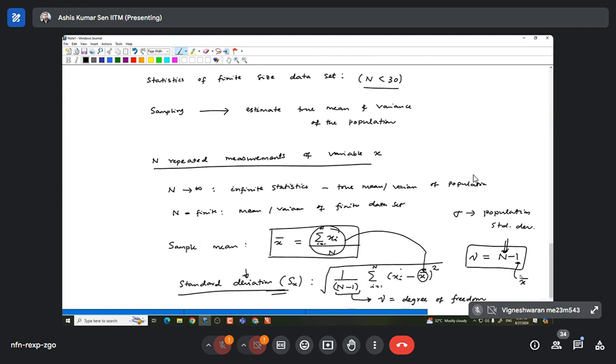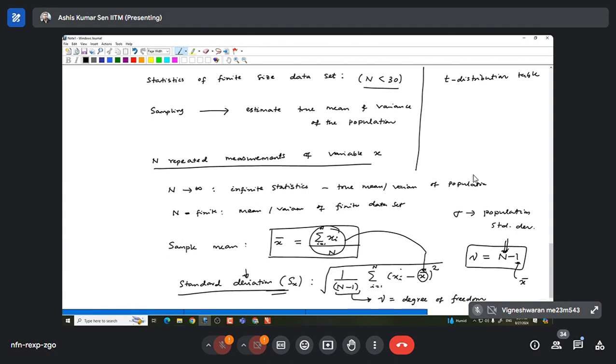Now, I talked about the normal distribution table. The normal distribution table is read when the data set is very large, but for a finite data set we use the T distribution.